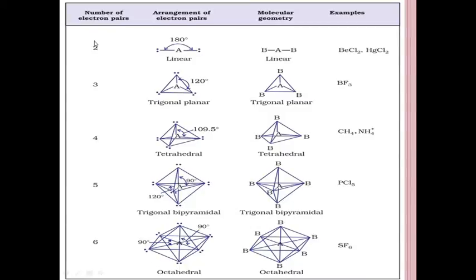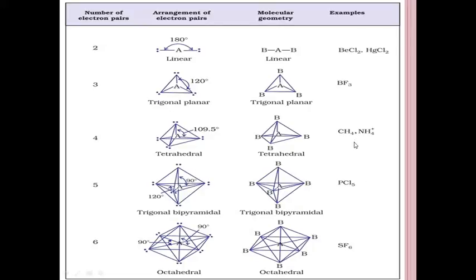All are bond pairs. So if you have two bonds and no lone pair, the shape is linear. This is a table that you need to learn by heart. If you have 3 bond pairs, the shape is trigonal planar, and the best example for this is BF3, boron trifluoride. And if you have 4 bond pairs, it takes up the tetrahedral shape.